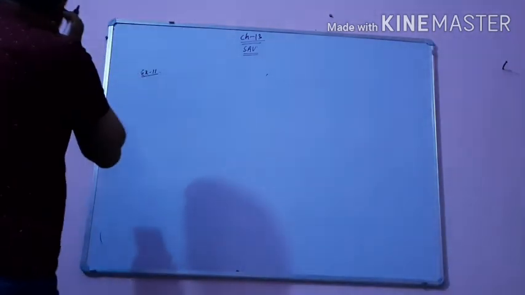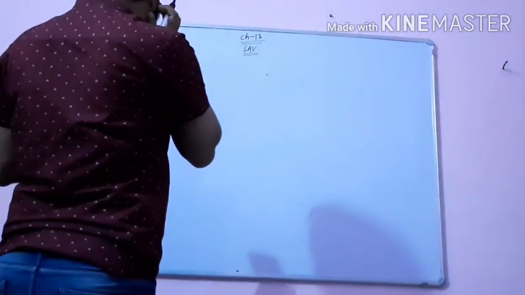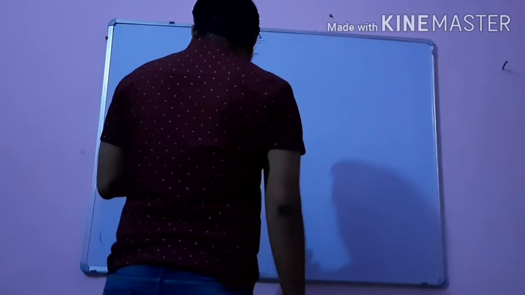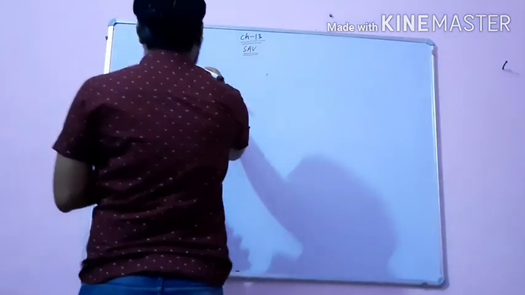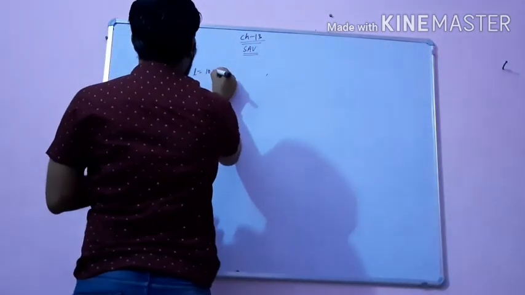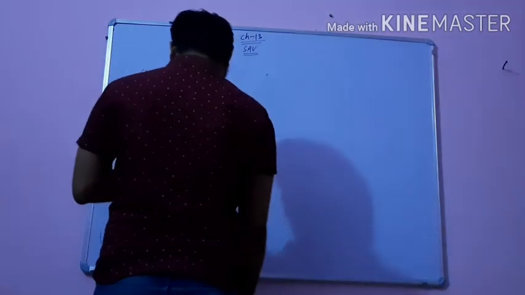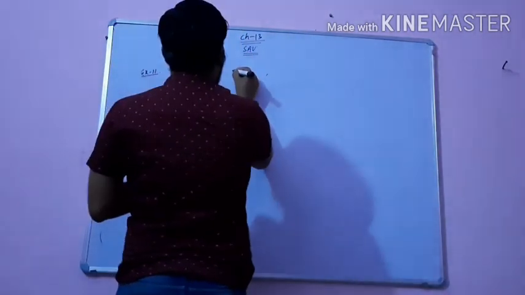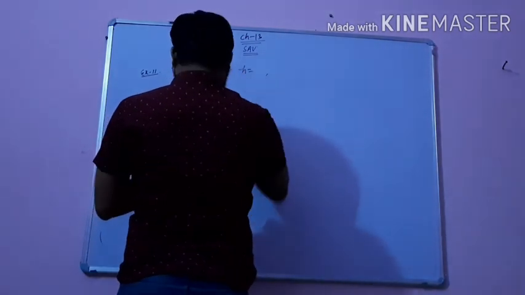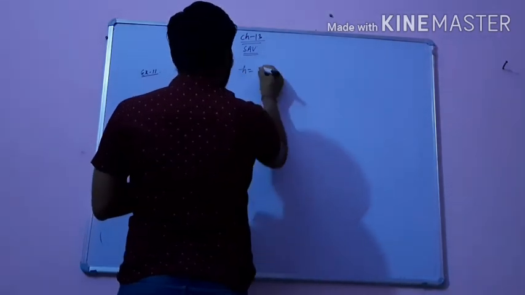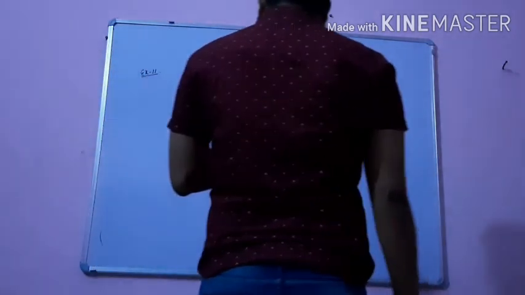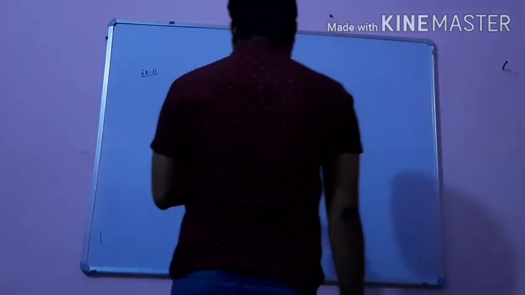A wall of 10 meter was built across an open ground. A wall of length 10 meter, so L equals 10 meter has been given. The height of the wall is 4 meter. Height equals 4 meter. And the thickness of the wall is 24 centimeter.